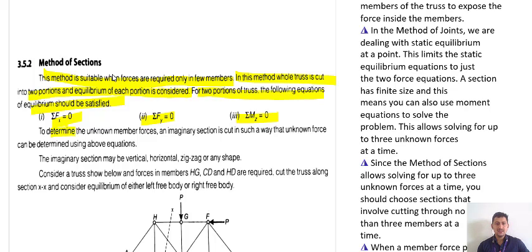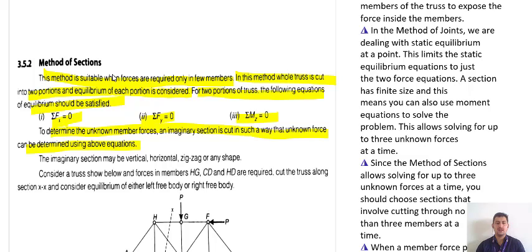To determine the unknown member forces, an imaginary section is cut in such a way that the unknown force can be determined using the above equations. Suppose you are having any truss, you have to cut the section. Here the section is defined by an imaginary line.